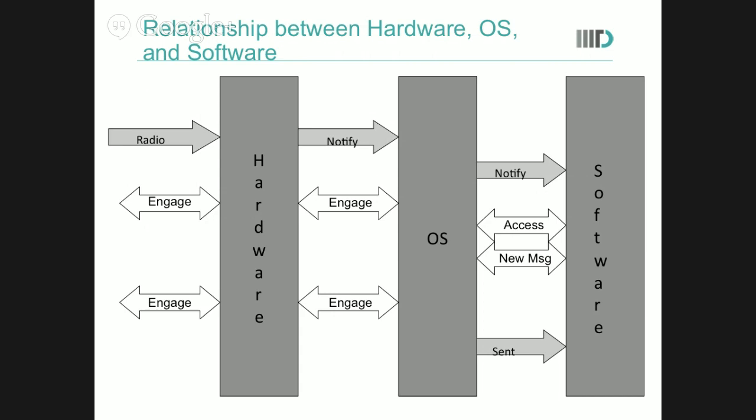It's not a busy loop in the OS continuously checking with the hardware whether you have received any message, whether there is anything on the radio. The hardware will detect it on its own. It has its own power, and it will do it on its own and notify the OS. We will see what this notification means.